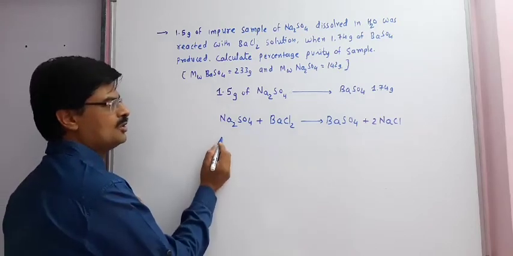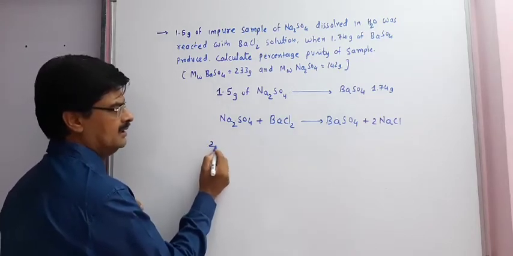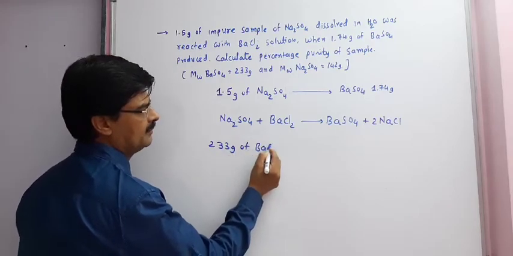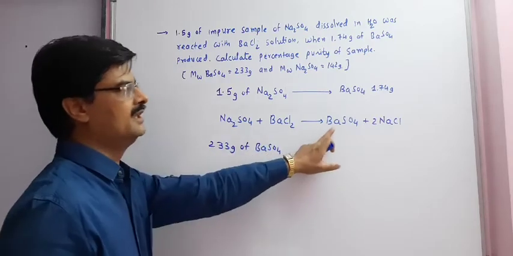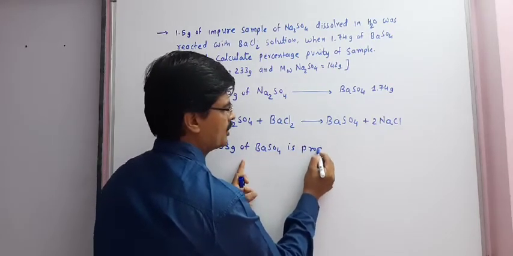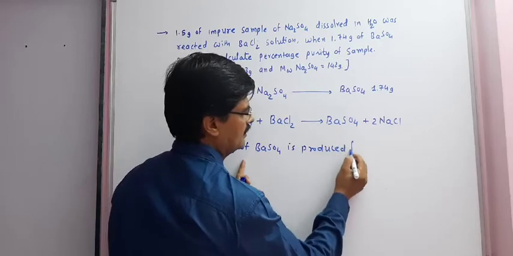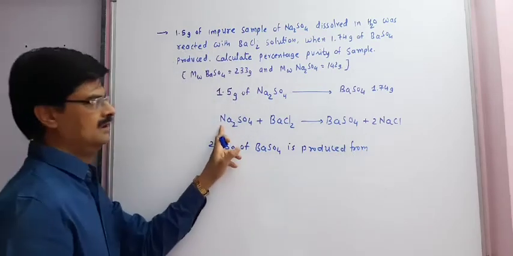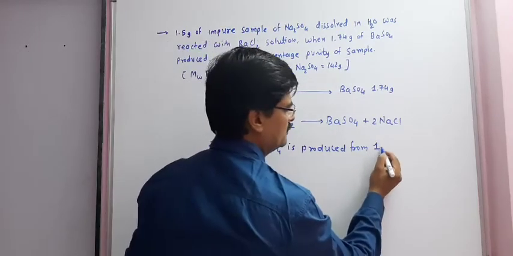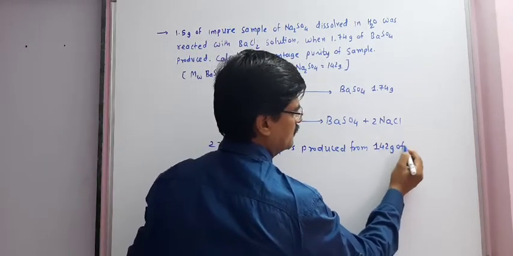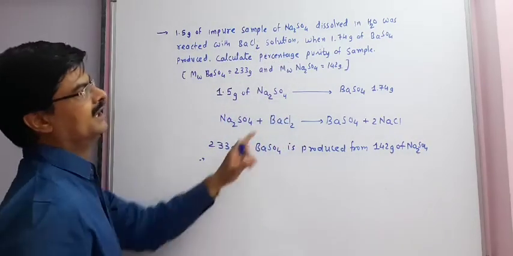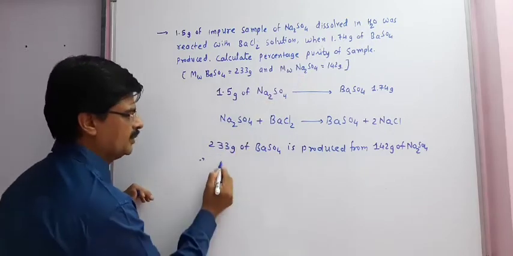So according to stoichiometry of mass we can write 233 gram of barium sulfate is produced from 1 mole of Na2SO4, meaning 142 gram. Therefore, in our question we have 1.74 gram.